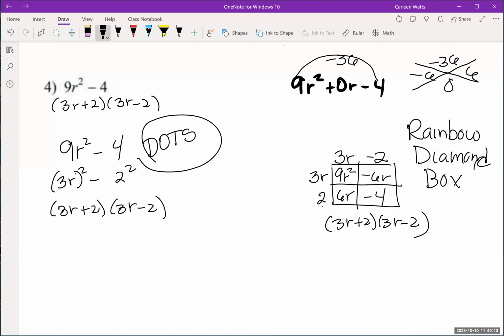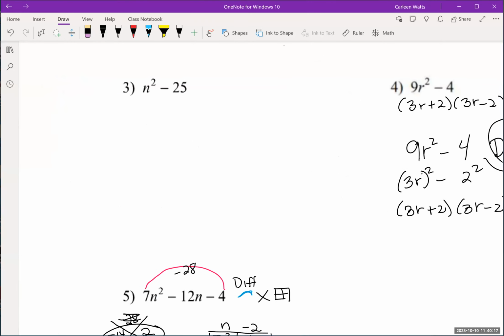So let's do number 3. Can we see that this is a perfect square? And this is the difference of 2 squares. I don't want to make a rainbow diamond box.